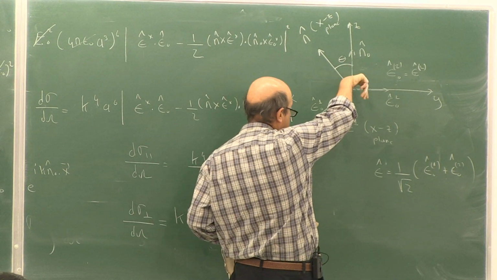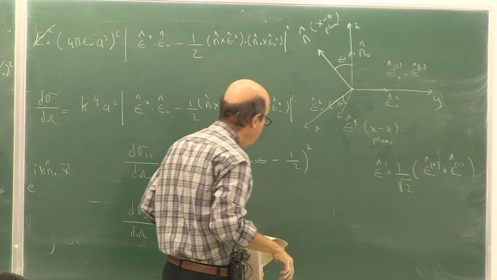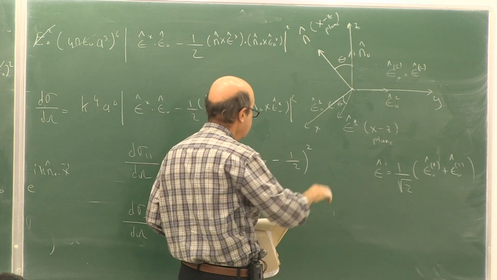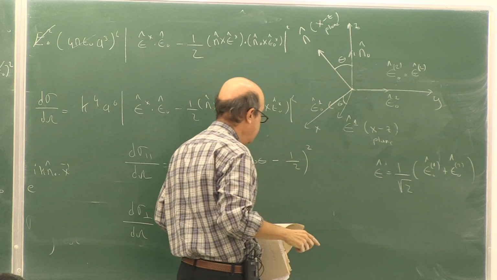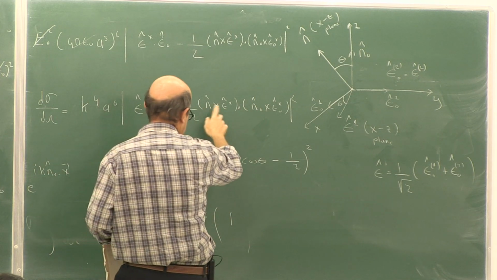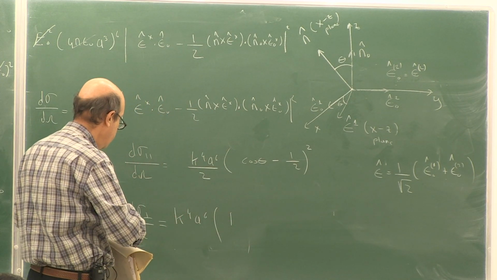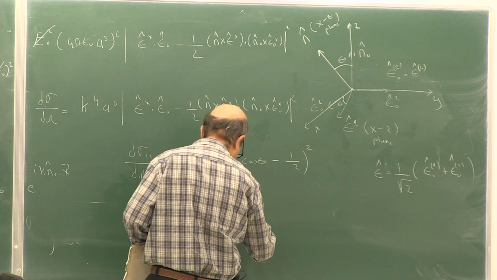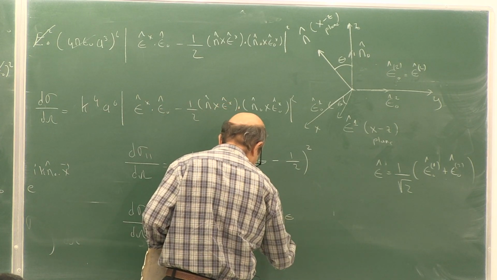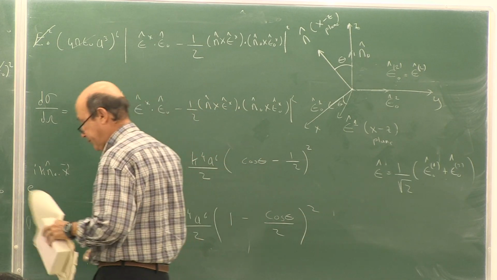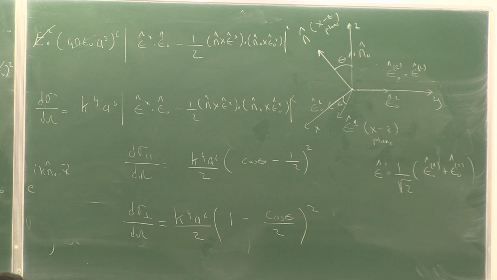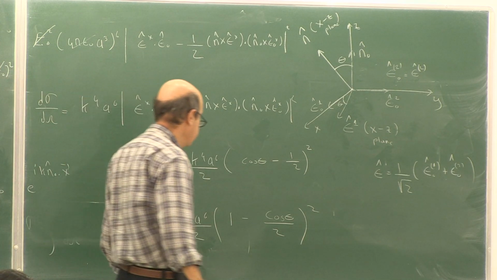N cross epsilon 0 here is inside the blackboard, and after the scattering you have this cross product, and that will differ by theta. Therefore, that cross product will differ by amount of theta, and you will obtain from that scalar product a cosine theta. And you should include the weight factor here. So again, we calculated the scattering cross section per solid angle perpendicular and parallel to the scattering surfaces.